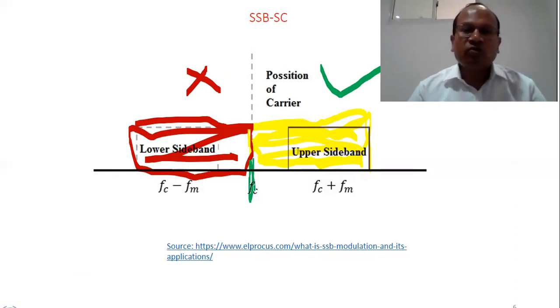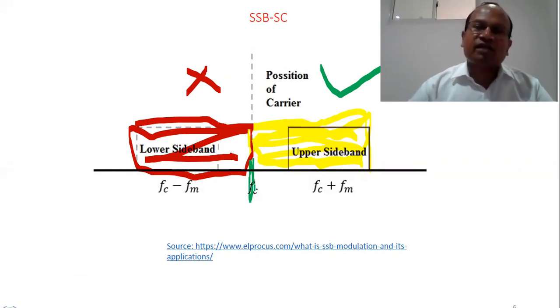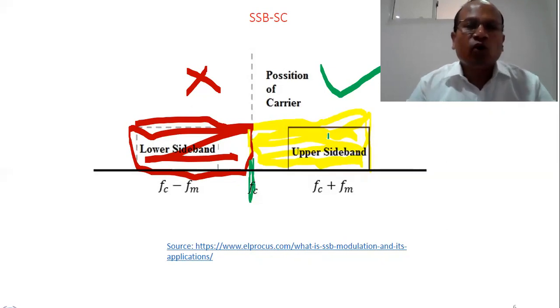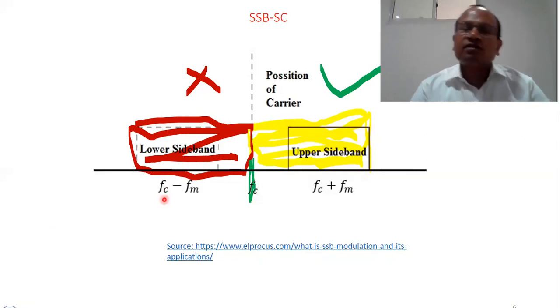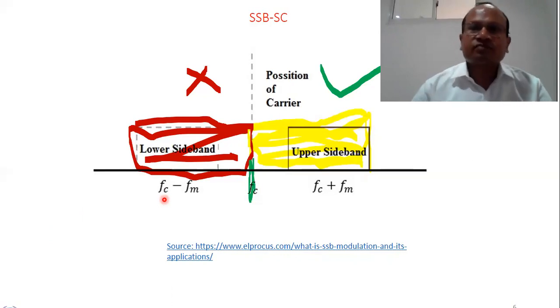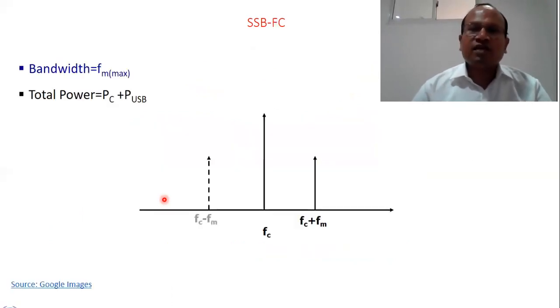All right. So in this method, in SSB-SC, only one of the sidebands is transmitted and the other sideband is suppressed. Clear? Now see here, in SSB-SC, when you calculate the bandwidth, what will happen?